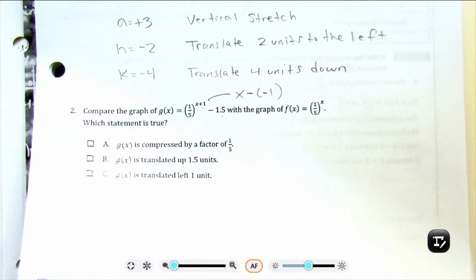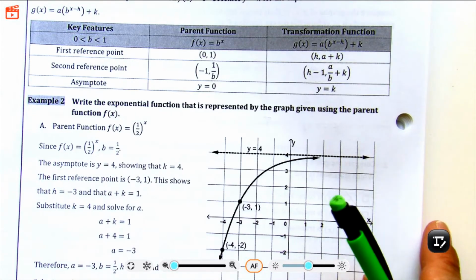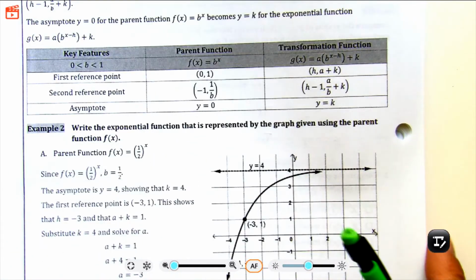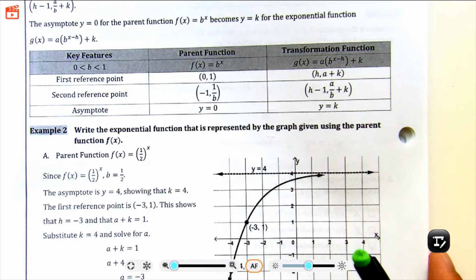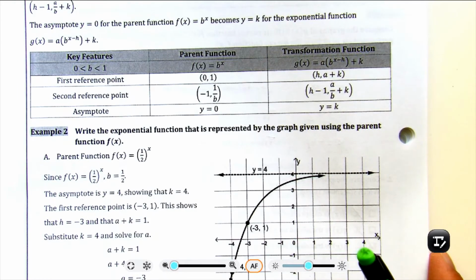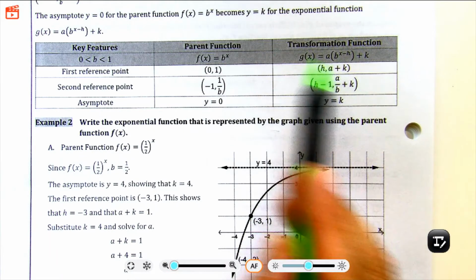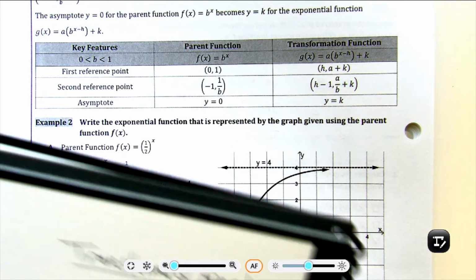So the next part of this lesson is looking at reference points of exponential decay functions. Given a transformed graph, how do we find the transform function? How can we create an equation given a graph? I'm using this table, and I'm going to walk you through some of the steps.